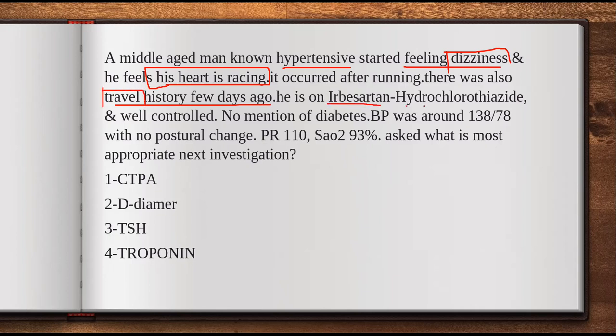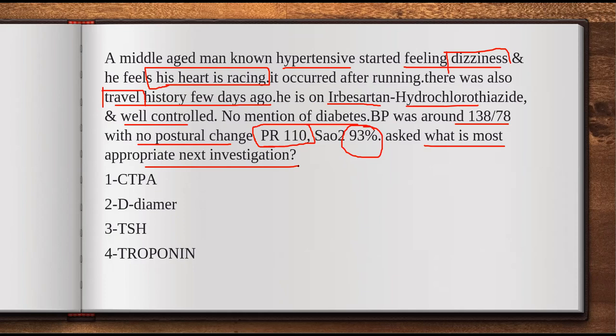He is on irbesartan and hydrochlorothiazide with well-controlled hypertension. No mention of diabetes. Blood pressure 138 by 78 with no postural change. Pulse rate 110. Saturation 93.